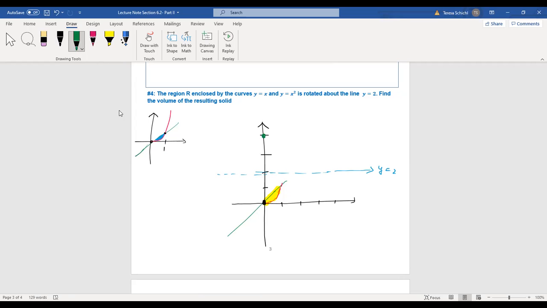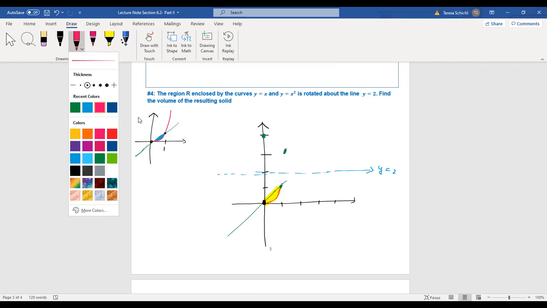Now this point here is 1, 1, so it's 1 unit from the new axis line. This point is going to rotate into here, and my curve is going to bend here.